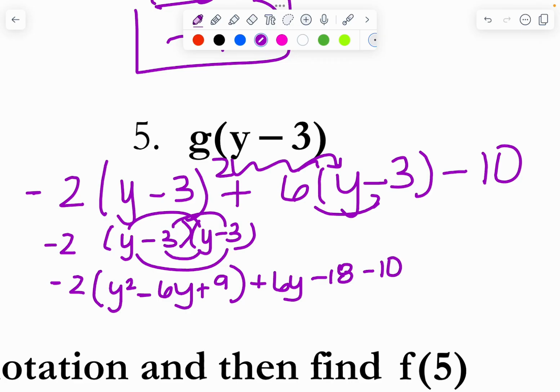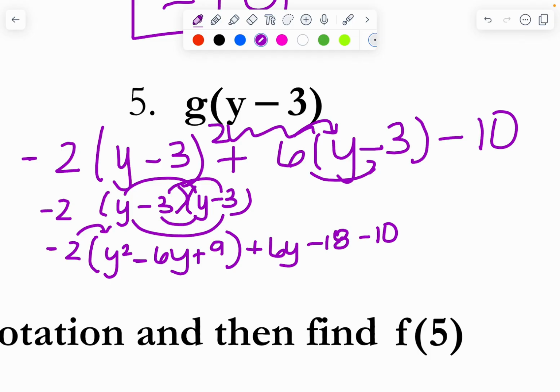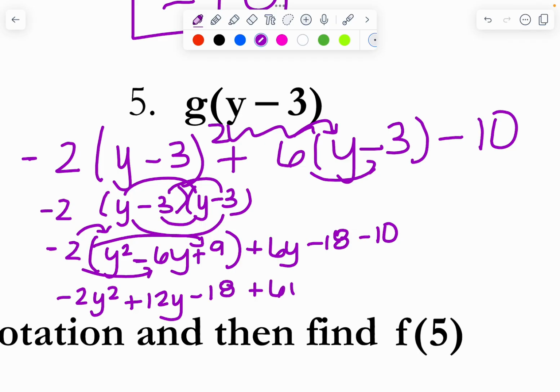Now, if I'm going too fast, you can always pause the video. Now I'm going to distribute that negative 2: negative 2y squared, plus 12y, and then minus 18. Plus 6y, and then I'm just going to add these two together, minus 28. Now, I'm going to write this in descending order and add all my like terms.